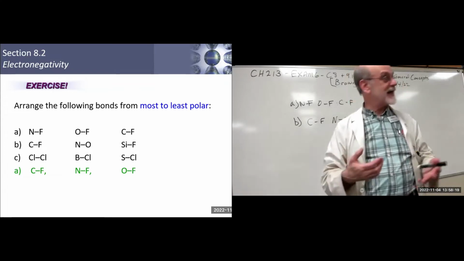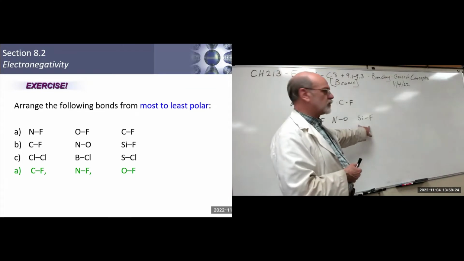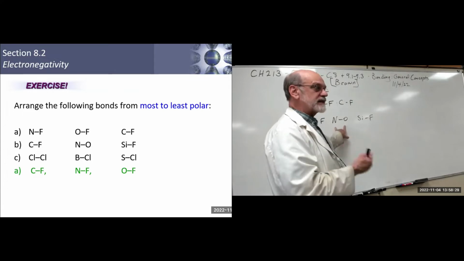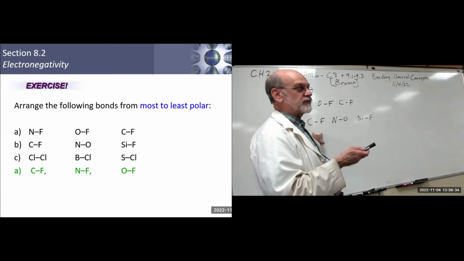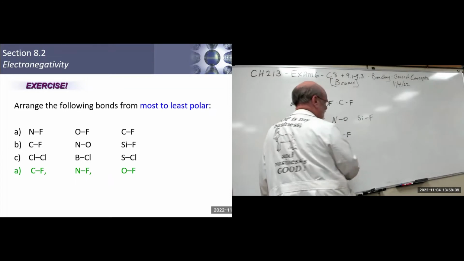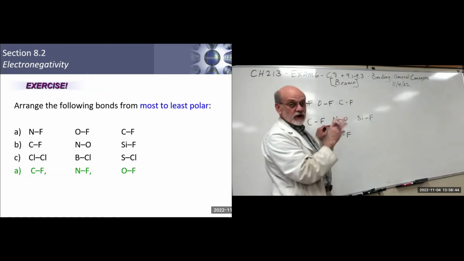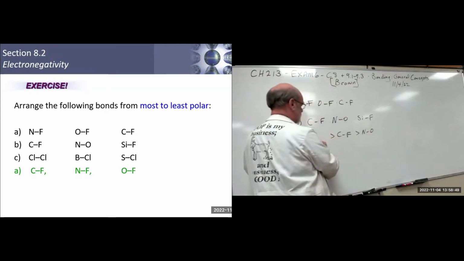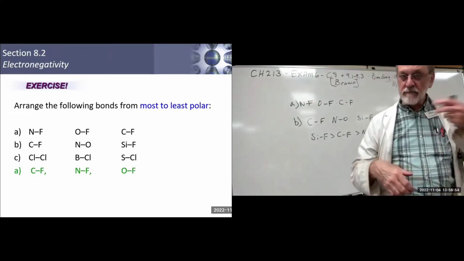If you look at our periodic table, silicon and fluorine are pretty far apart. Nitrogen and oxygen are right next together. And carbon and fluorine are far apart, but not as far as silicon. Okay, so this one's going in the middle. And the least polar are these two because they're the closest together. And that leaves silicon and fluorine. So they should be in that order of most to least polar.